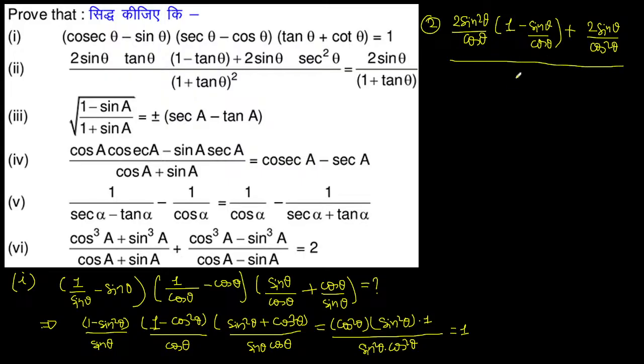At the bottom we have (sin theta by cos theta plus 1) whole square. Further, this is cos theta minus sin theta.